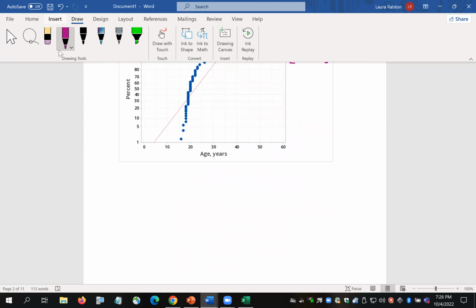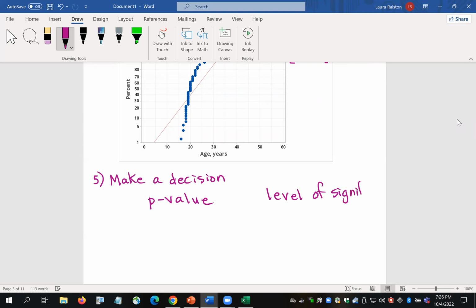All right, then step 5 is where we make a decision. And we make our decision by comparing the p-value to the level of significance, which I think Ms. Ralston forgot to give you in the problem.